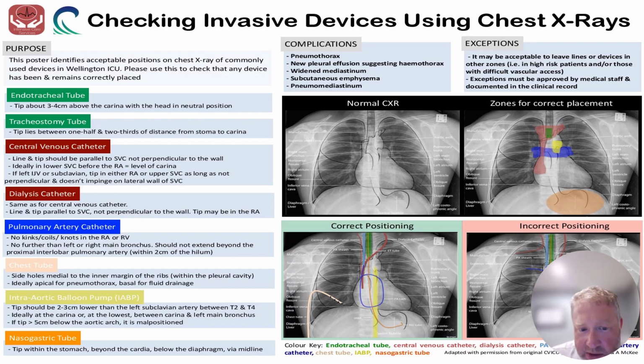Trace the dialysis catheter, the PAC, pulmonary artery catheter, chest tube, balloon pump, NG tube, all these different things. So take a couple minutes and trace them, because this is nice because it shows correct positioning of each, as well as incorrect positioning of each.